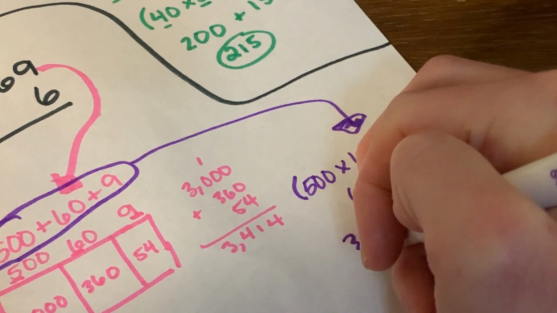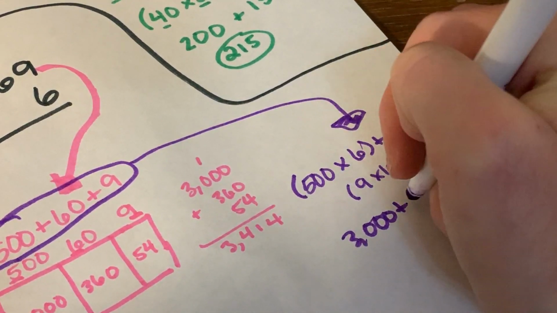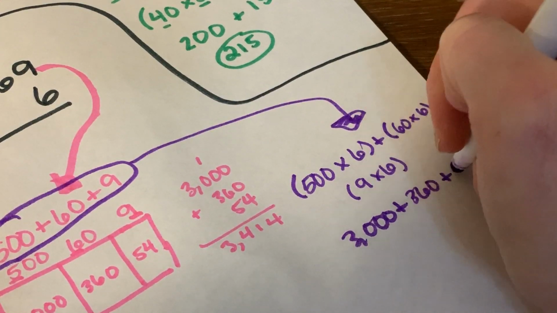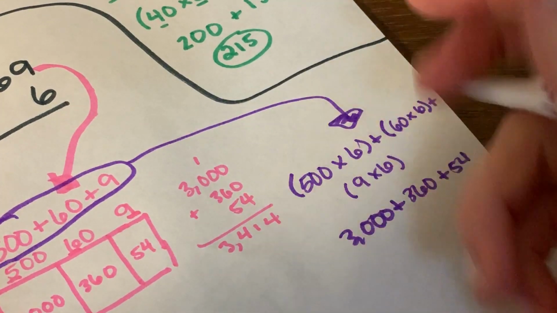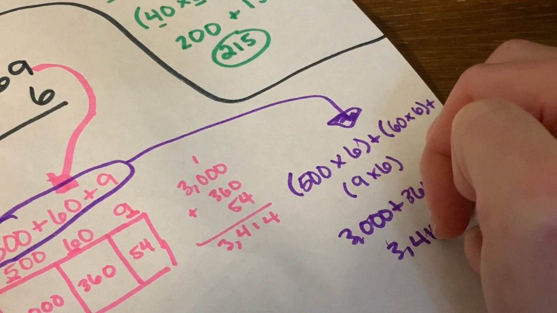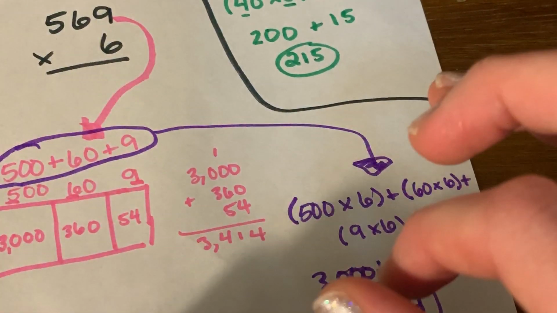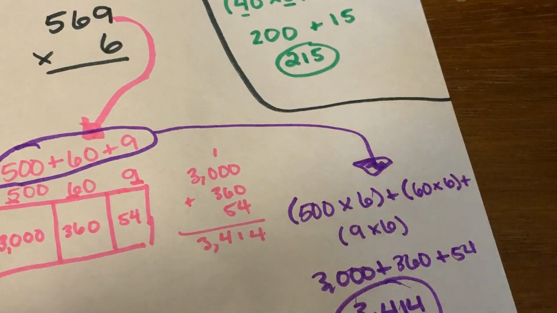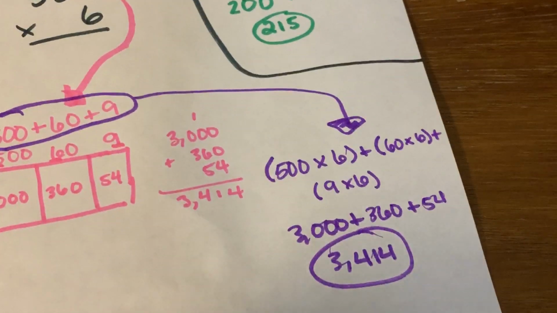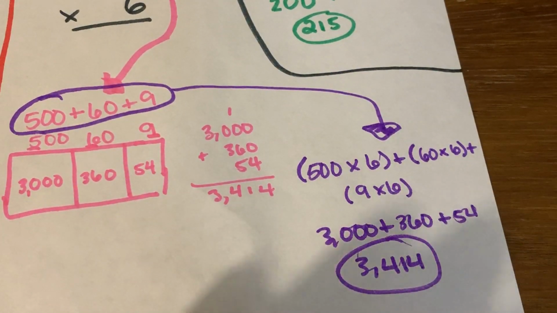Solve each of those, get 3,000 plus 360 plus 54, and end up with 3,414. Again, it doesn't matter how you solved it. If you used the traditional, awesome. If you didn't, great. As long as you got 3,414, you're golden.